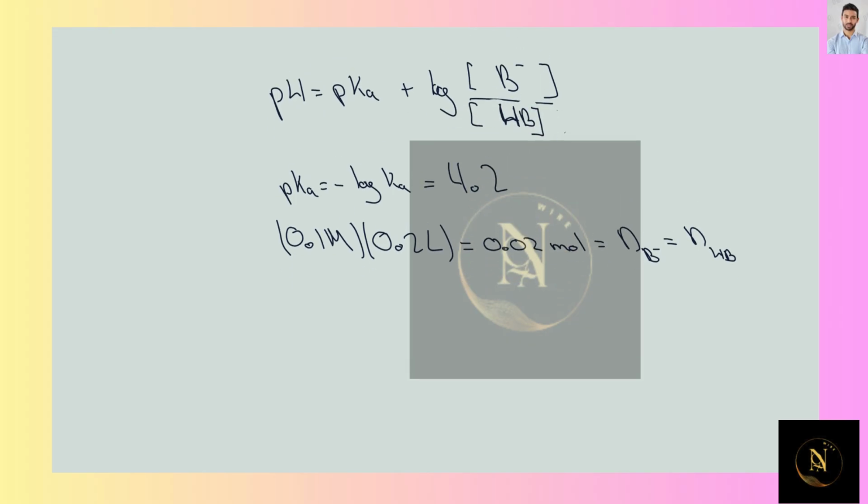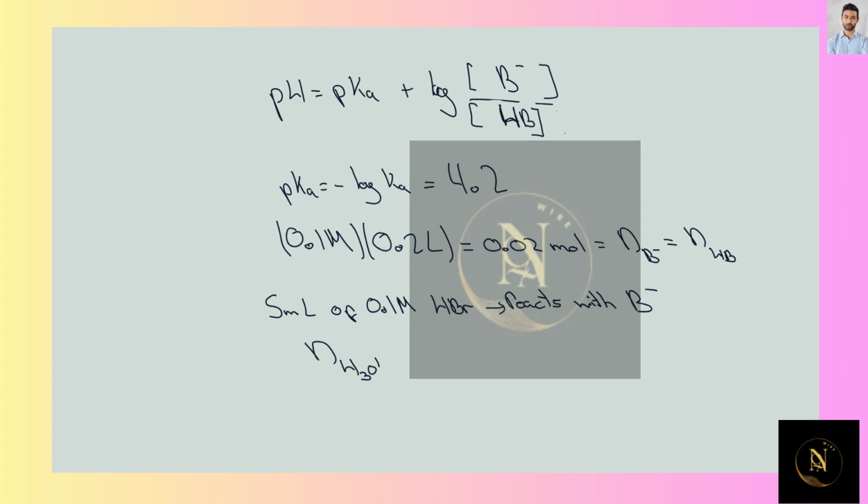So the next thing that is going to happen is that I'm going to add 5 milliliters of a 0.1 molar solution of HBr, which is a strong acid. This strong acid can react with my benzoate anion, with my B minus, right? The amount of acid that I'm adding, remember this is a monoprotic acid, so each mole of HBr added is equal to 1 mole of hydrogen ion produced.